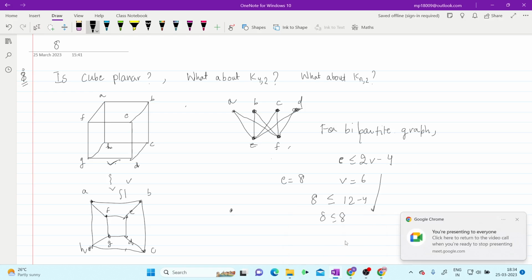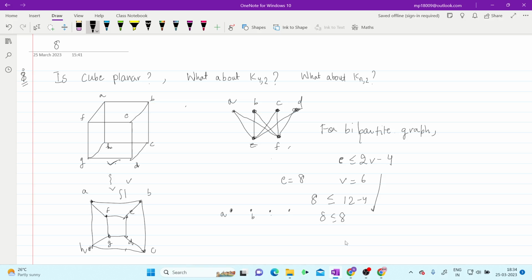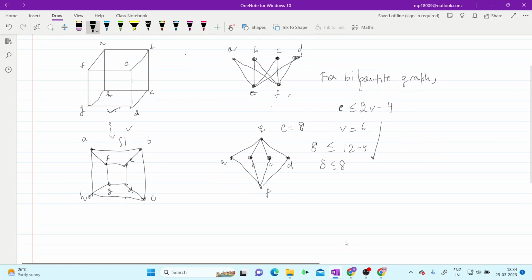Okay. So you see, if we have it like this, A, B, C. In a complete bipartite graph, we have two independent sets. These are the cross intersections that are happening. So if we keep our vertex E at the top and F down, this is planar.